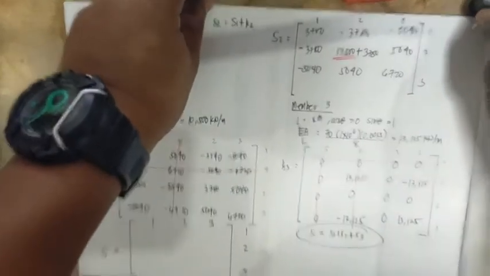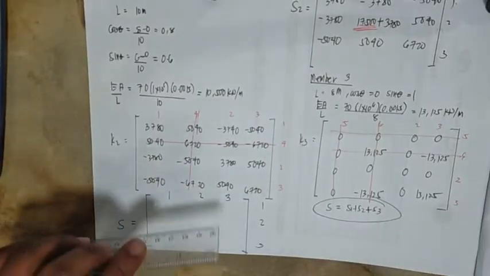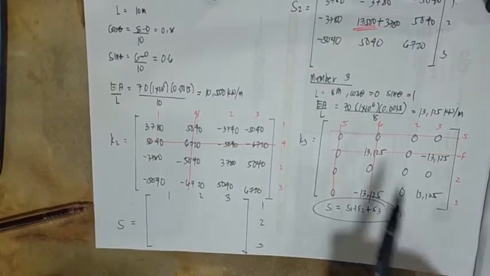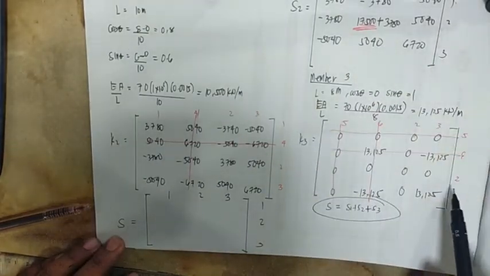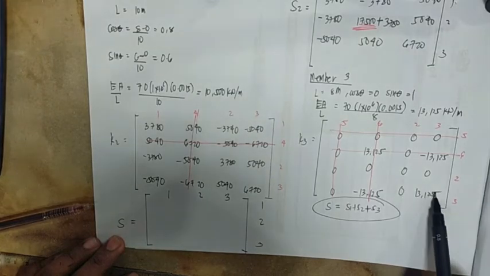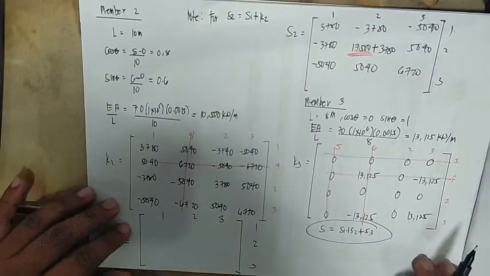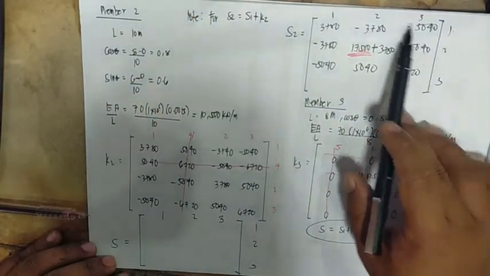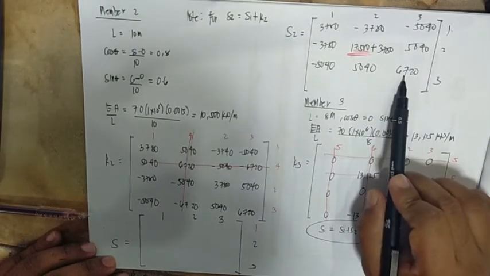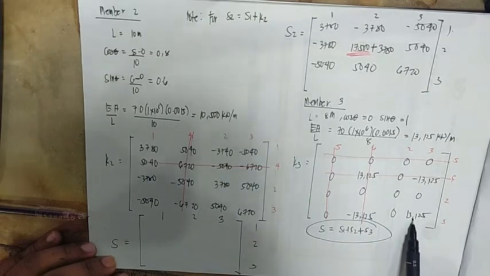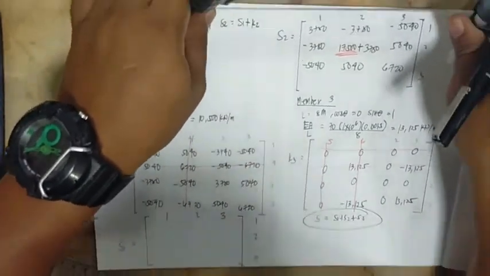Wait. So now, we will add only here 3, 3. So from this, we will add only 3, 3. 6,720 plus 13,125. Okay? So, wait. Sorry, class.